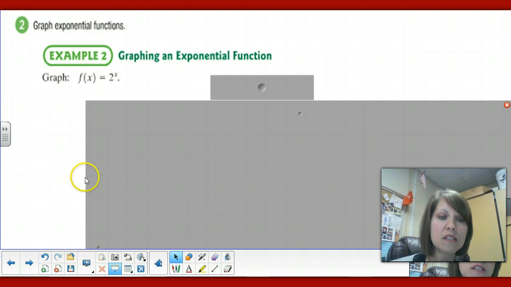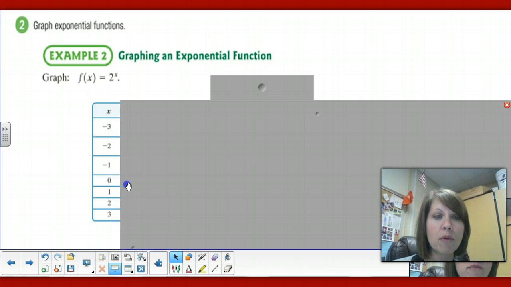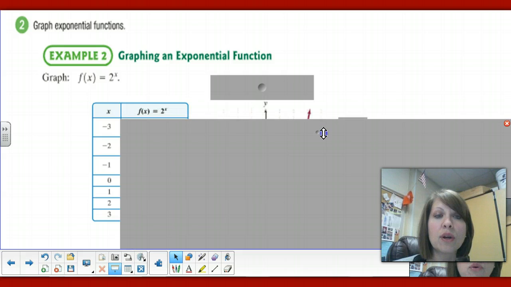Specifically, we have a rather large table here, going from -3 to +3 as far as the x's go. You will not always do 7 points. We just want you to see the 7 points now, so you can get an idea of what the behavior of the exponential function is. We will scale that down to 3 points as we go.